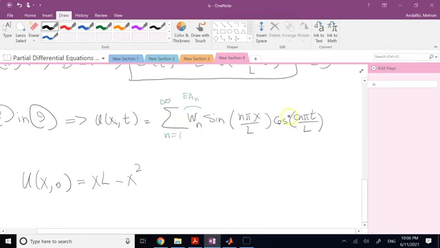The whole cosine becomes 1, so this should be equal to summation of n from 1 to infinity of w of n sine of n pi x over L. And so now the question is, what are these w of n's, so that a summation of these w n's times these sine functions from 1 to infinity will form this function xL minus x squared.